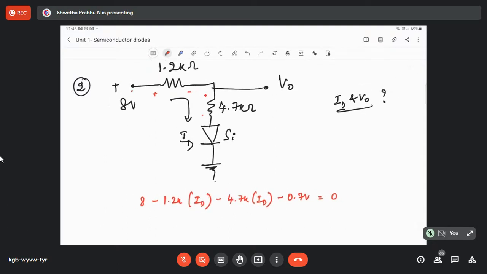Polarity is very, very important here. Did you understand the KVL equation I have written? Who did not understand, please let me know. I shall explain again, because these are the basic problems. Okay, I shall explain again.